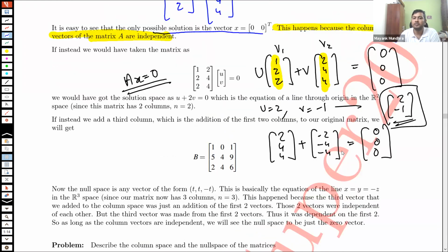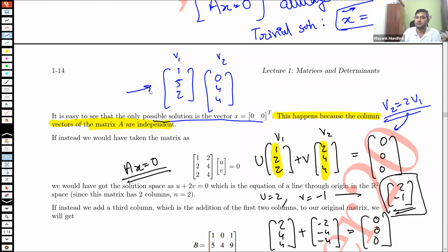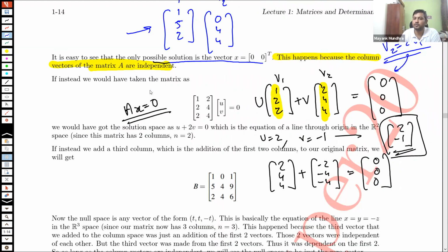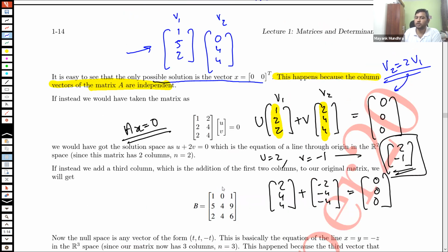Okay. Now, coming back to the original vectors, 1, 5, 2 and 0, 4, 4, the only solution possible was the trivial solution. Now I add another column v3, which is basically v1 plus v2. So I just add the first two columns and generate a new column.